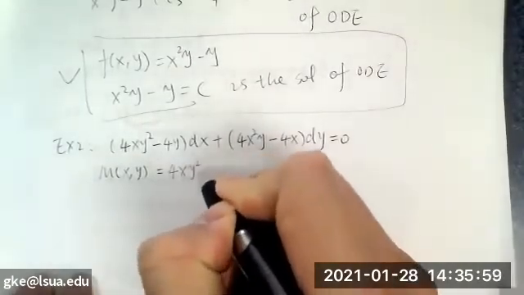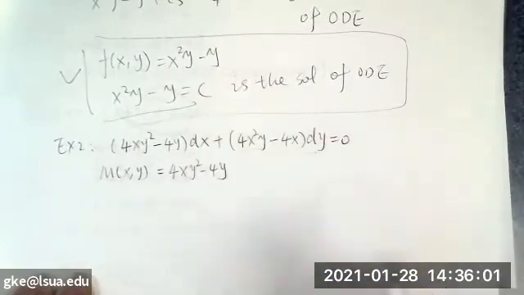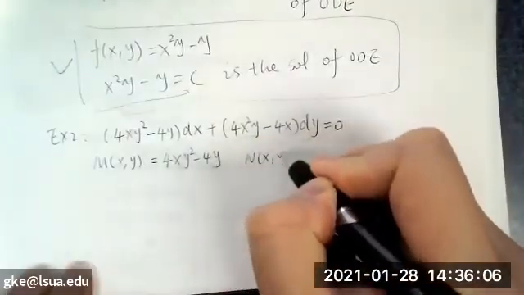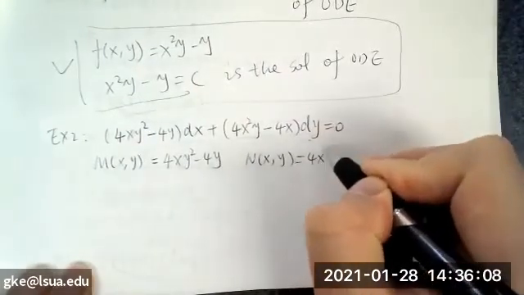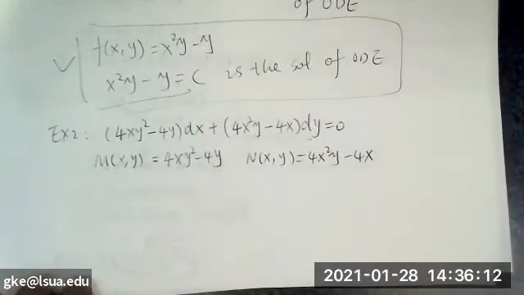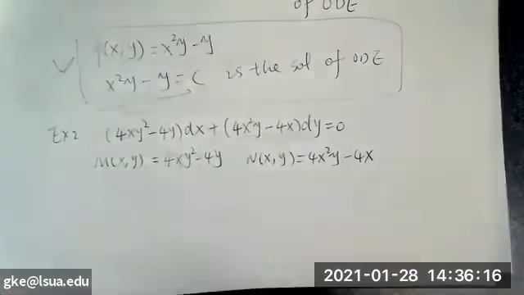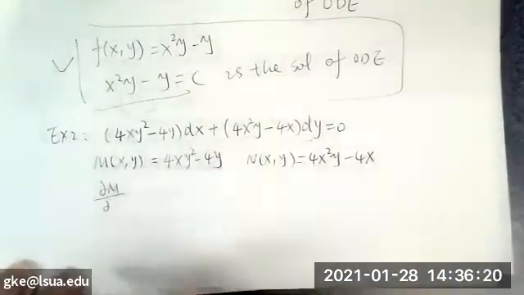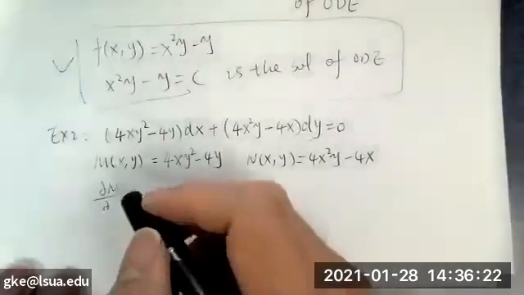So here we have N(x,y). All right. Now we're gonna check the condition whether this equation is exact equation or not.